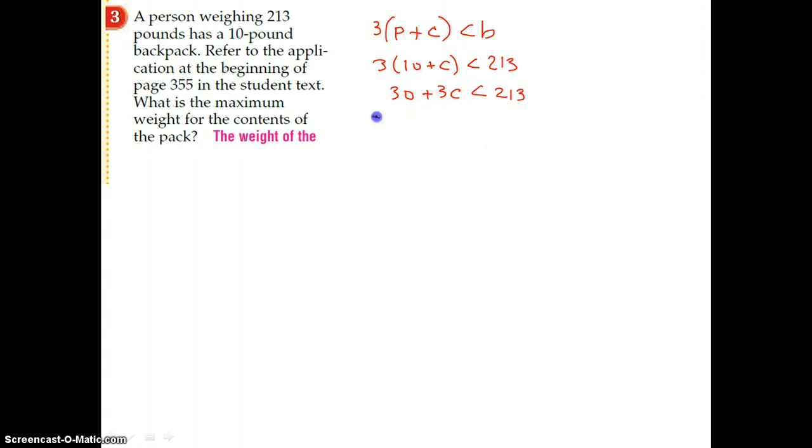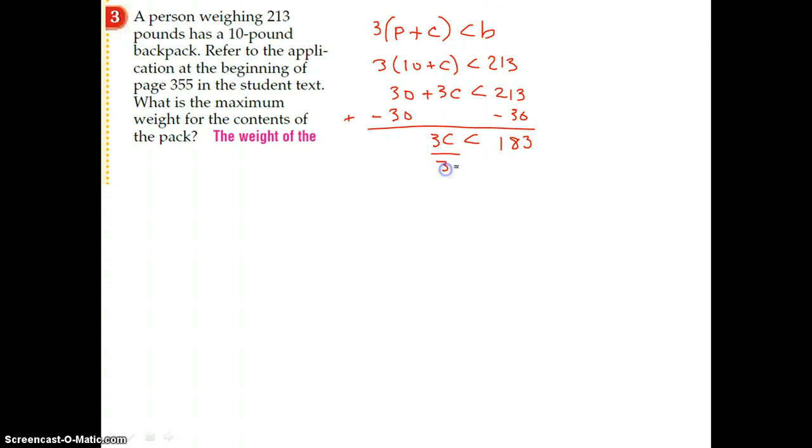We're going to subtract 30 from both sides. And we're going to get 3C is less than 183.